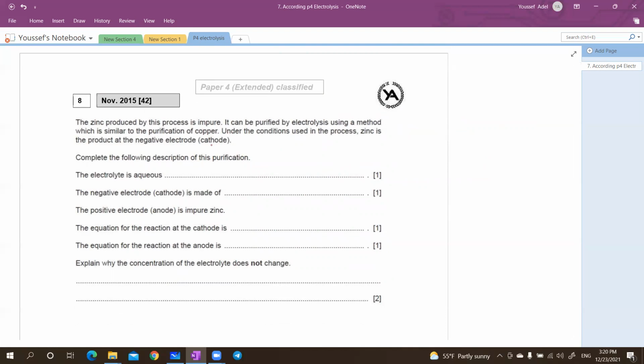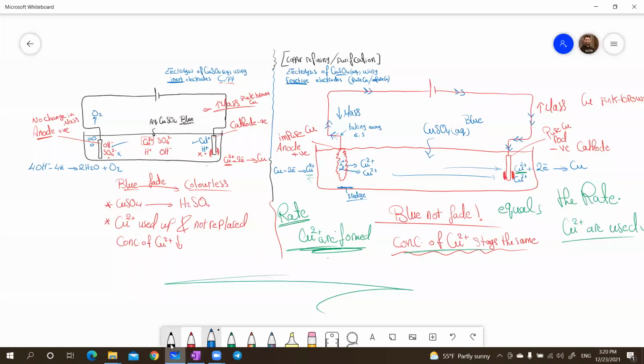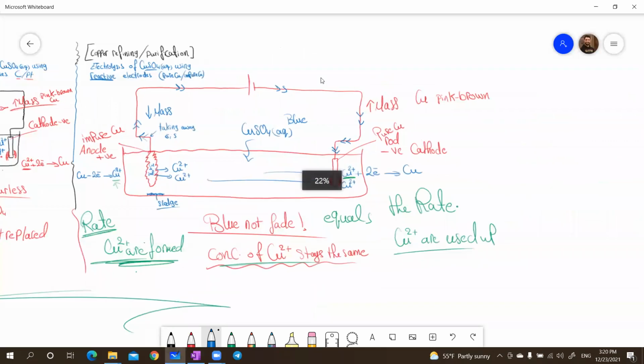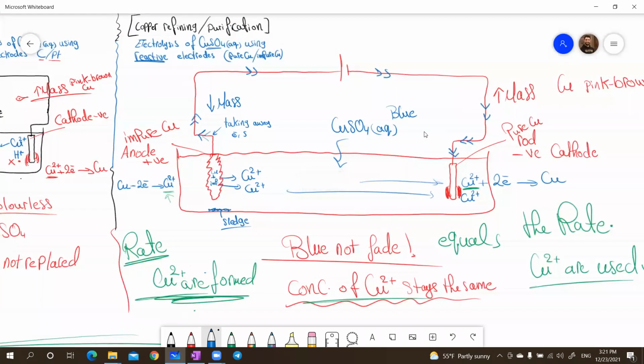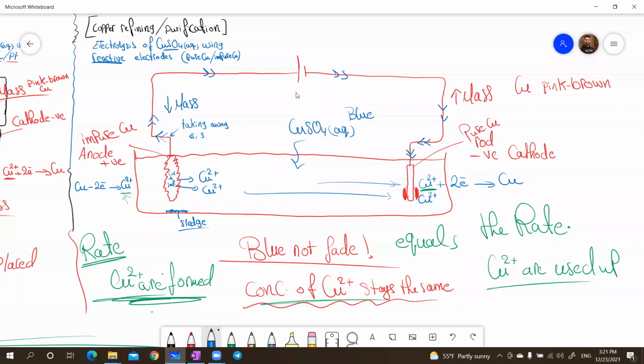Something that I want to say is that during the purification of copper, we electrolyze copper sulfate solution, and we put the impure copper at the anode and the pure copper rod at the cathode. What happens at the anode is that the copper will lose mass because the copper atoms change to copper ions.